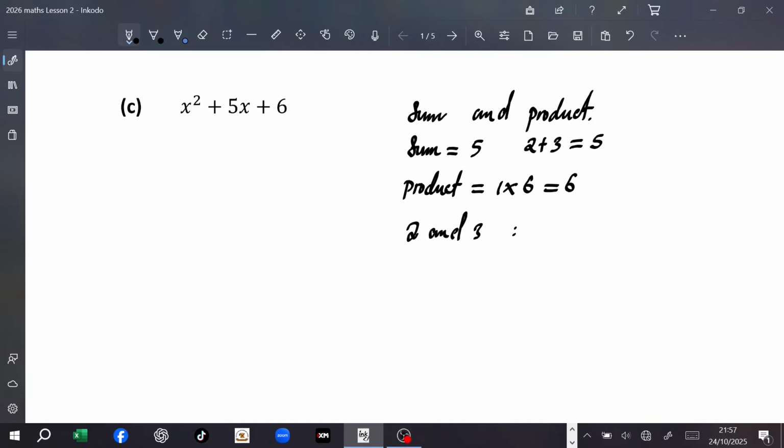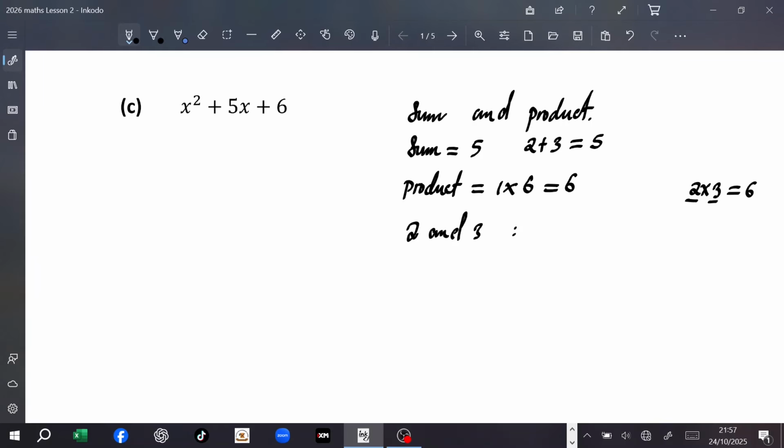Or if I say 2 times 3, sorry, here on this part of my computer, it doesn't write properly. I don't know why. Let me try here. So 2 times 3, you see that it gives us 6. So these two numbers are the ones.